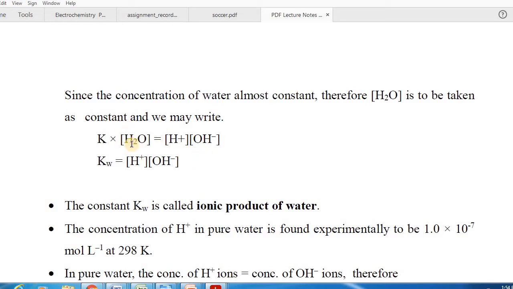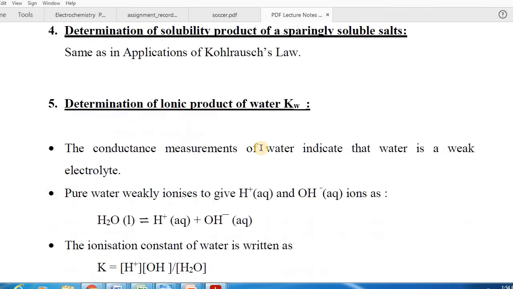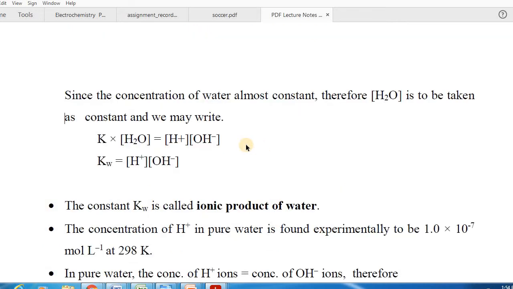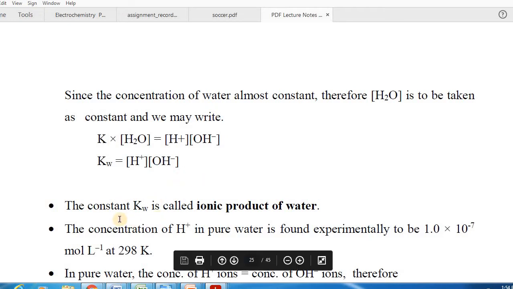Taking the H2O concentration towards the K and multiplying it with K, we will get a new constant which is known as ionic product of water, denoted by the symbol Kw. So Kw is given by the product of molar concentration of hydrogen ion and hydroxide ion. This constant Kw is known as the ionic product of water.